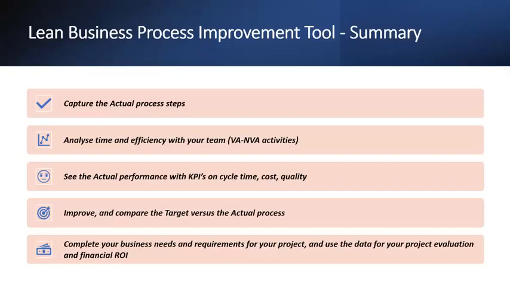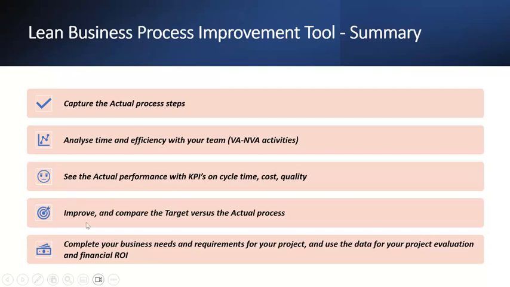All right. So basically, this is what we have done: the Lean Business Process Improvement Tools summary. We've captured the actual process step. We analyze the time and efficiency with your team, value-added, non-value-added activities. We saw the actual performance with the KPIs, the cycle time, the cost, the quality.